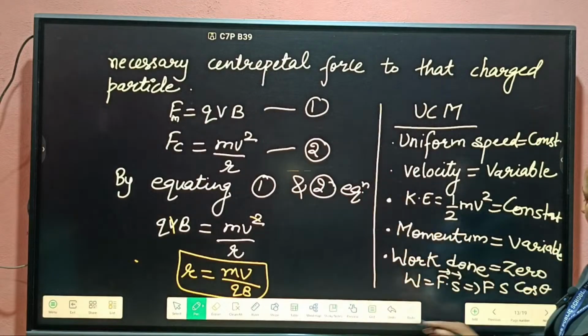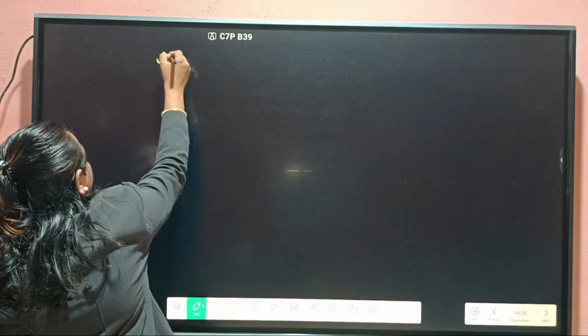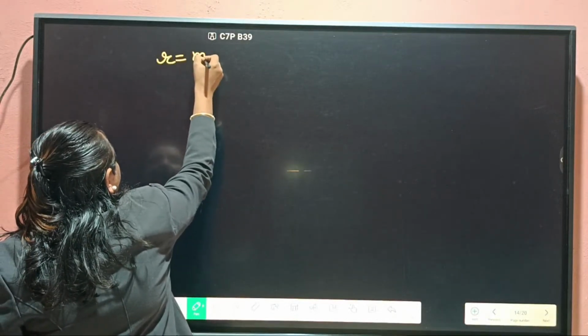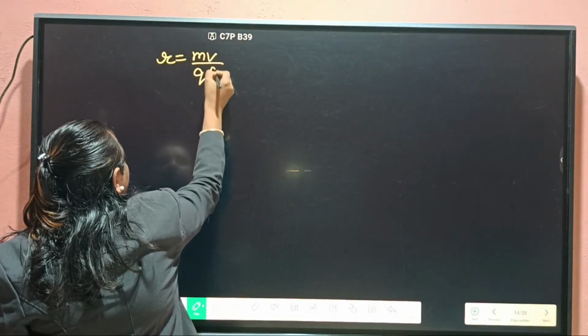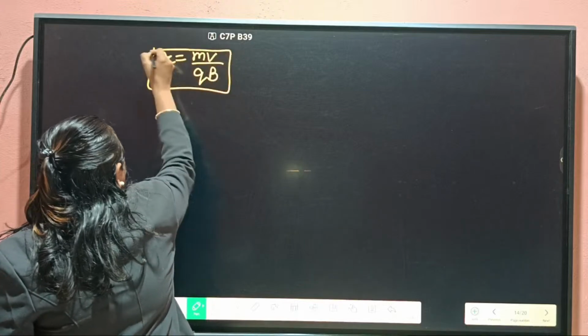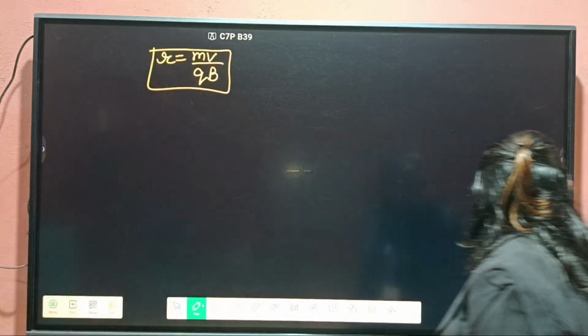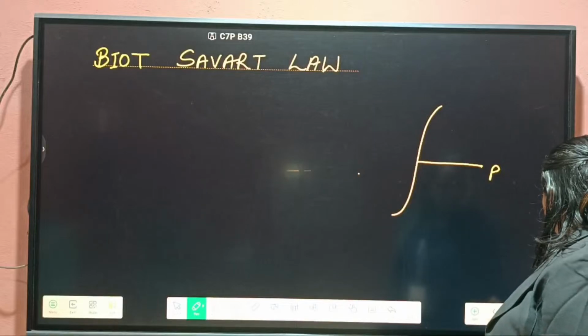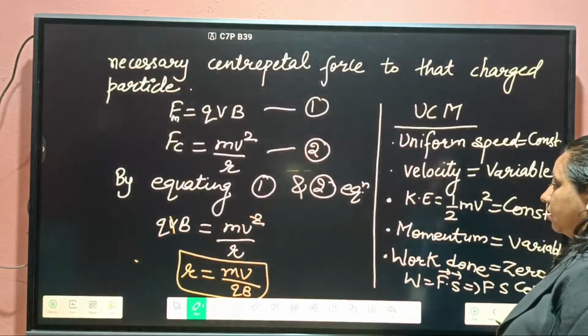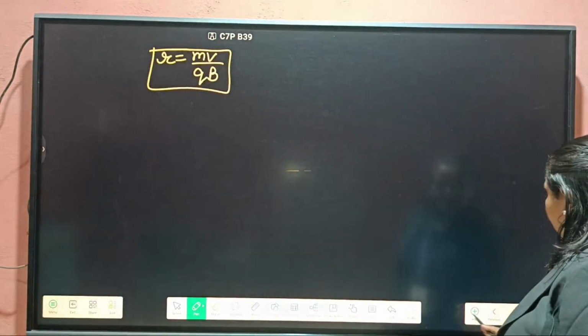So how we can find? This is r is equal to mv over qB, ठीक है, r is equal to mv over qB.